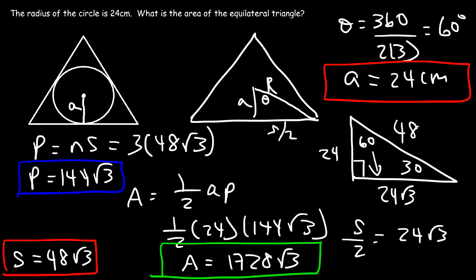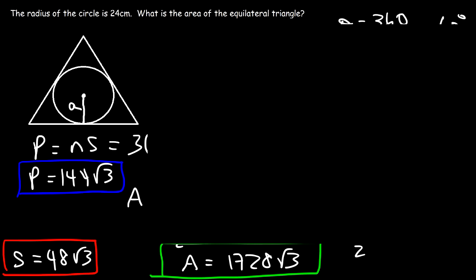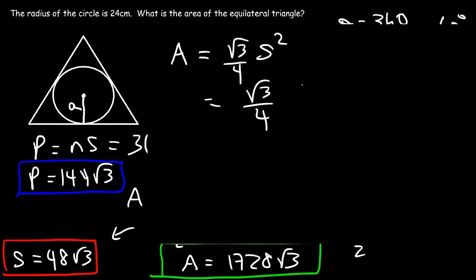Now let's confirm this answer using that other formula. The area of an equilateral triangle is the square root of 3 over 4 times s squared. And we have s. s is 48 times the square root of 3. Now 48 squared, that's 2304.